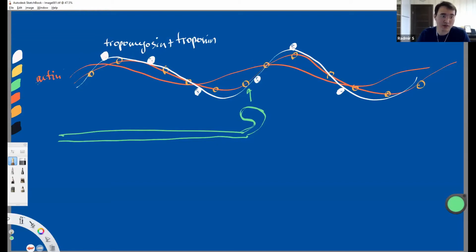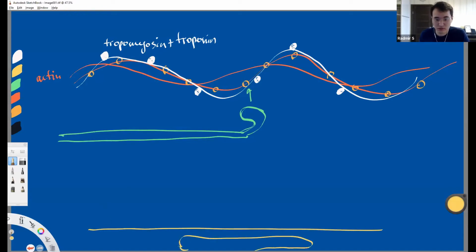So what happens? We have the nerve impulse, and this nerve impulse gets to the muscle membrane, the cell membrane, and it releases transmitters, or signals, that let the muscle know that the contraction is needed, okay?